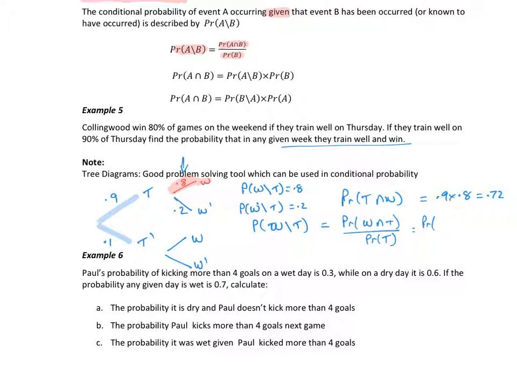Therefore, the probability of win and train well is equal to win given train times the probability of train. Win given train, we just decided was 0.8. The probability of training well was 0.9, and so we can see it's the same values. So we can use our formula, or we can just go straight to a tree diagram.